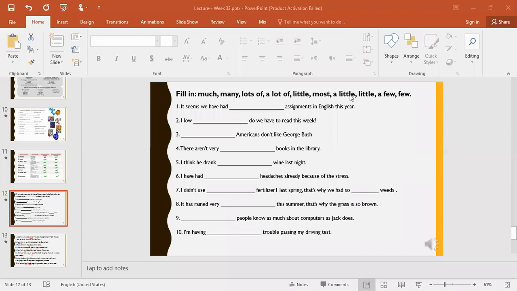How what? Much. Yes, how much? Number 3, Americans don't like George Bush. Yes, Celine. Lots of or most. Yes, we can use most, many. Very good. There aren't very books in the library.